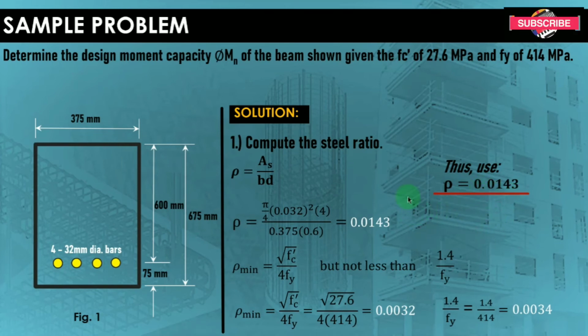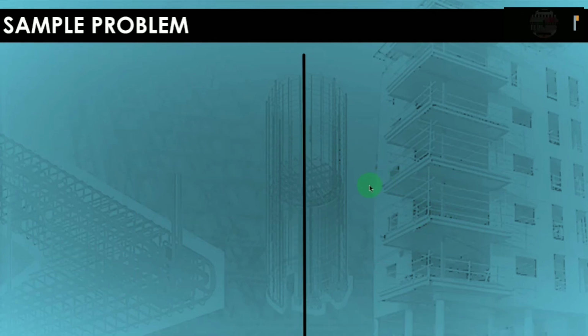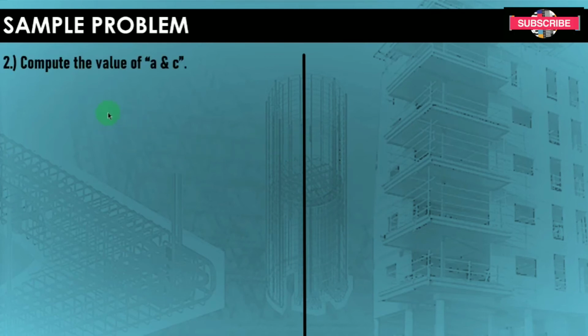Okay, so what would be the next step after computing the steel ratio? You need to know the values of our a and c. After getting this a by equating C equals T, we get c by the formula a equal to beta 1 times c. So let's go first to a. Since our compression force is equal to tension force, we have 0.85 Fc prime ab equal to AsFy. The area of steel we have, Fy we have, and b is there.